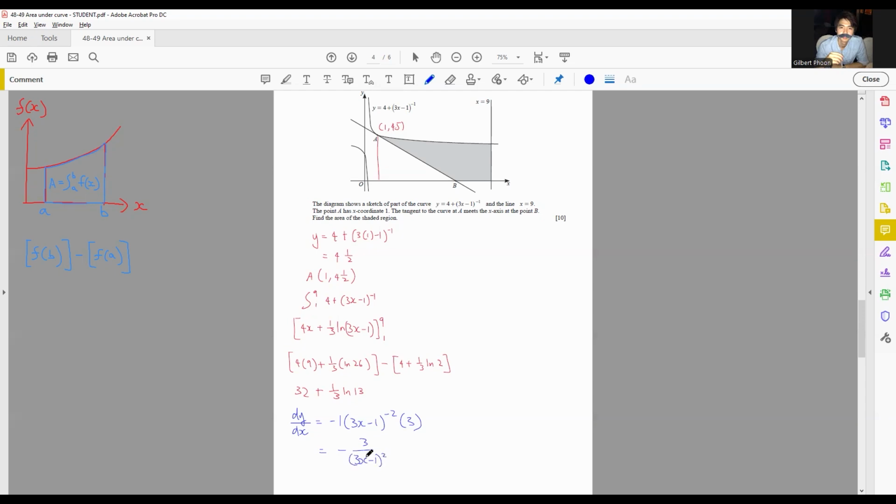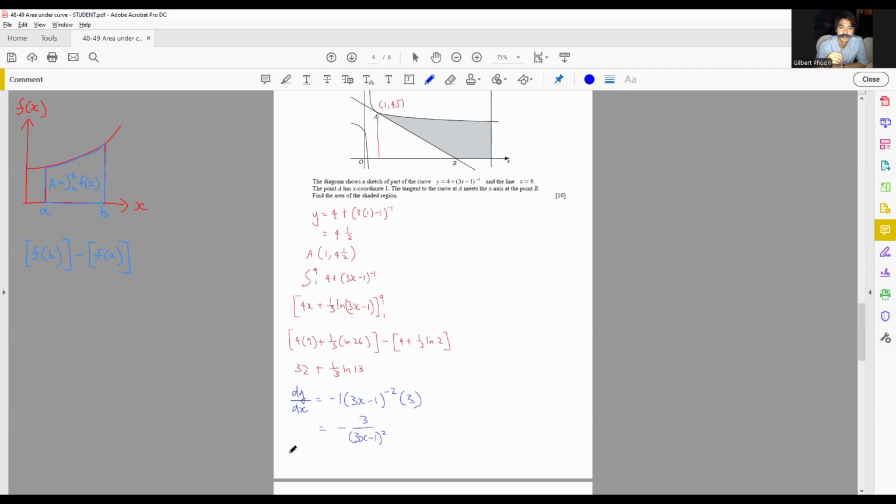Okay. Then to find the gradient is when x equals 1, right? When x equals 1, then dy/dx is equal to negative 3 over 3 minus 1 squared. So you would have gotten the gradient is negative 3 over 4.